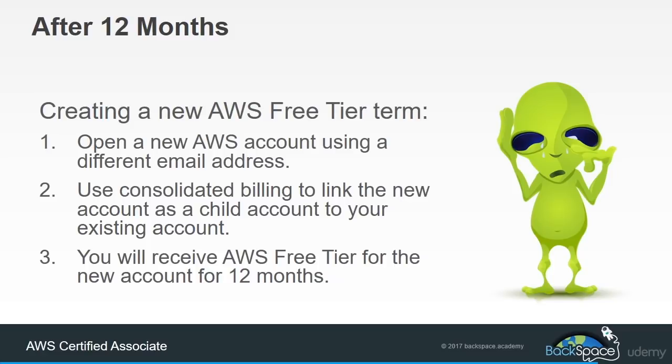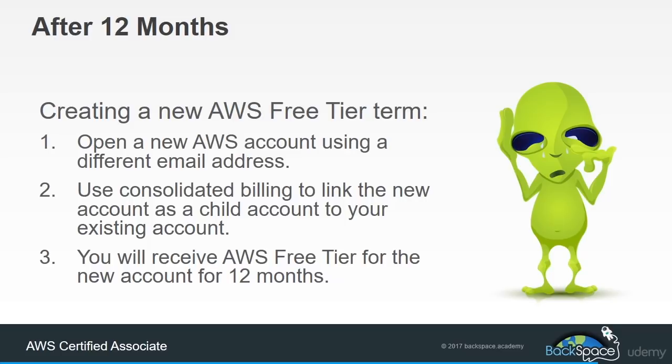Okay, so what happens after 12 months? You've had your account, you've gone through this course and you're still using it, and your 12 months has expired, and you just don't want to keep paying for it. You don't want to have another bill to keep track of and that sort of thing. So if you just want to keep an account available for R&D purposes, you can create another AWS account using a different email address and then link that to your main account using consolidated billing. That will set it up as a child account.